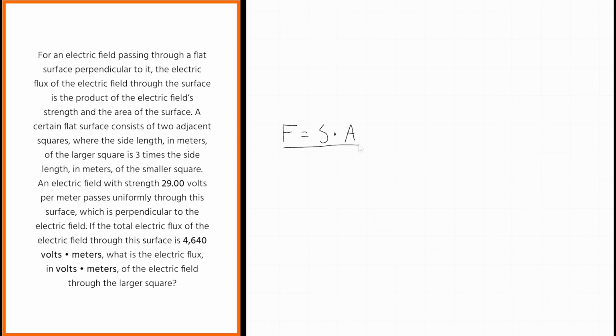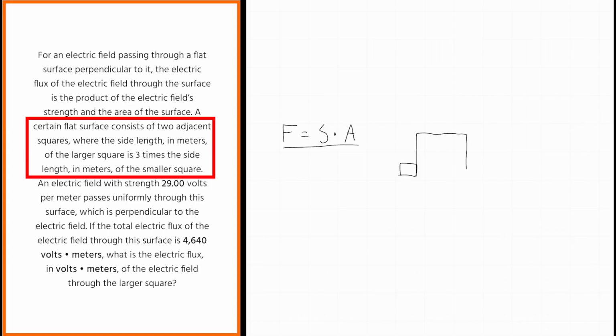The second sentence describes a surface consists of two adjacent squares where one square has side length 3 times the other. So if we draw what this might look like, we have one smaller square, and that'll be next to a bigger square. And if the smaller square has side length, let's say x, the bigger square we know would have side length 3x.